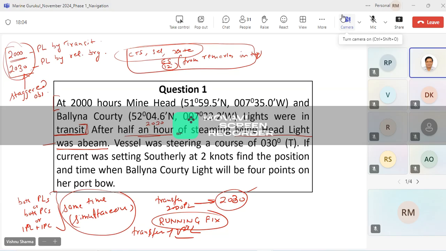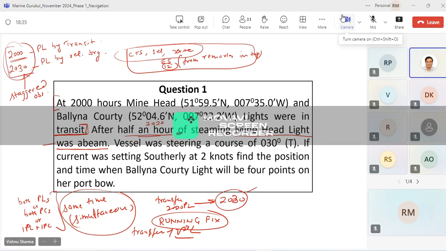So what are you telling yourself? I'll take any point on the first PL and ask myself, if my ship was here, then where would the ship reach in 30 minutes? Whatever point you find is the transferred point. Through this transferred point, we'll transfer the first PL by keeping the same direction.